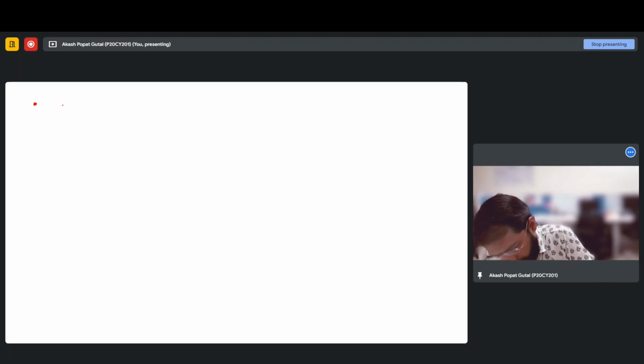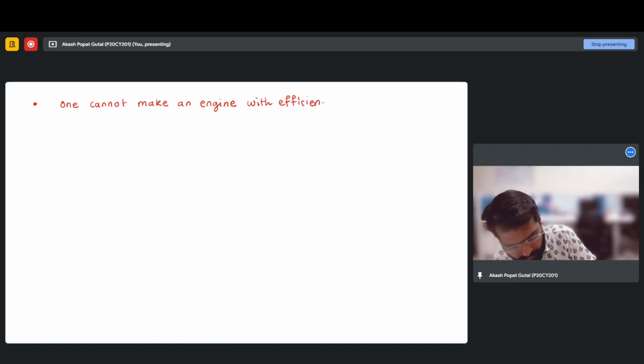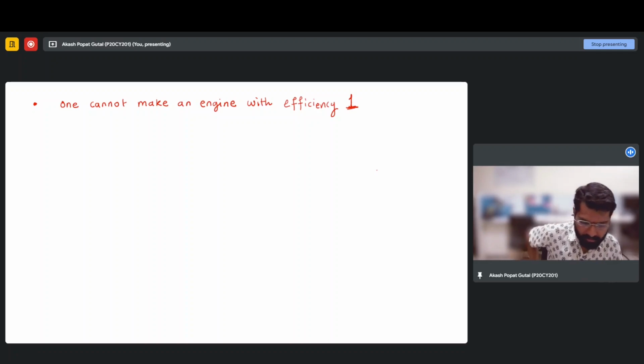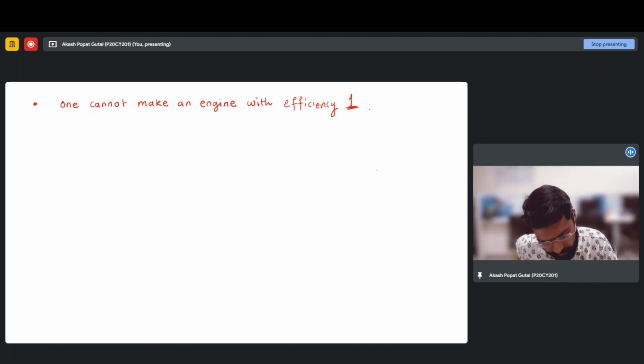That statement goes like this: one cannot make an engine with efficiency 1. So this is not possible.